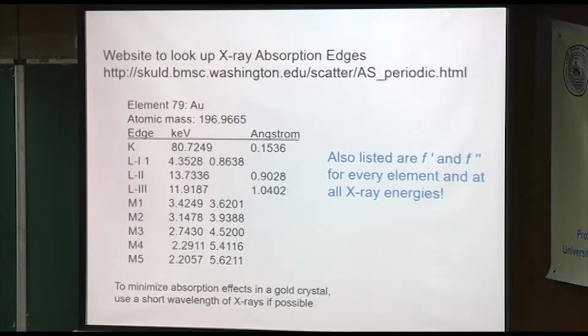And so you can compare your X-ray wavelength with these wavelengths in angstroms and decide if maybe you can avoid a place where the absorption is very strong. For instance, molybdenum is about 0.7 angstroms. And so if this is for gold, 0.7 works pretty well for gold. So you don't need to worry about it.